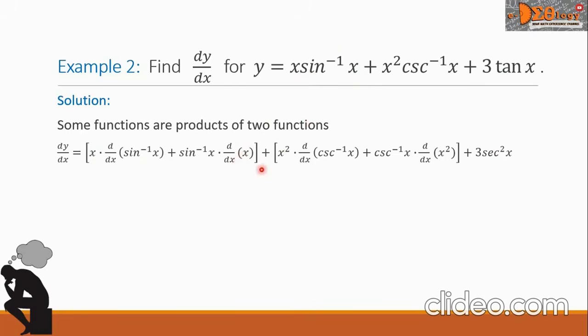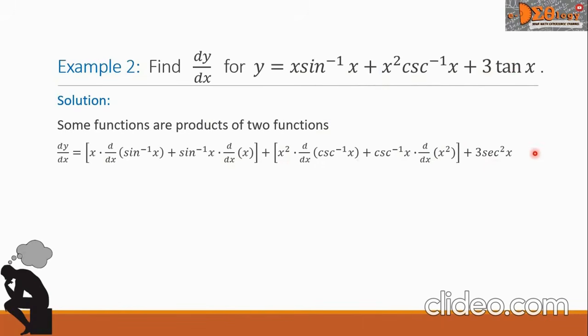Then plus the derivative of this function is we copy the x squared times the derivative of the second function here plus we copy that second function times the derivative of the first function. Then plus the derivative of 3 tangent x is now 3 secant square x.